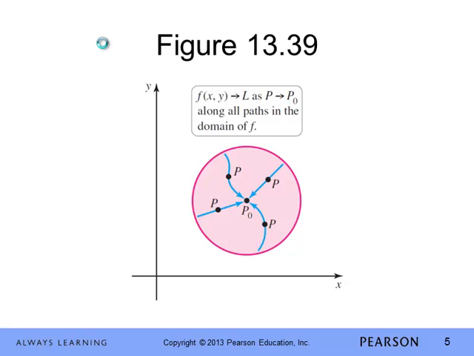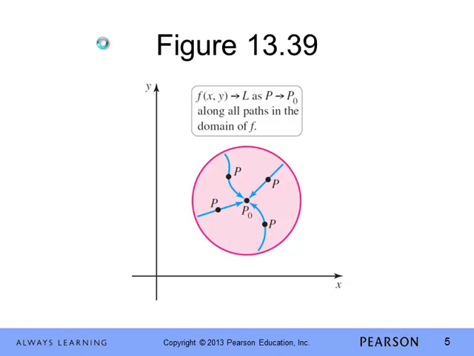That is interesting. And here's the thing. If we're going to say that the limit exists at P naught, it has to be the same limit along all paths. Remember, from Calc 1, we could have a right-hand limit and a left-hand limit. And if those two limits didn't match, then the limit at that point x naught wouldn't exist. Well, same thing here.